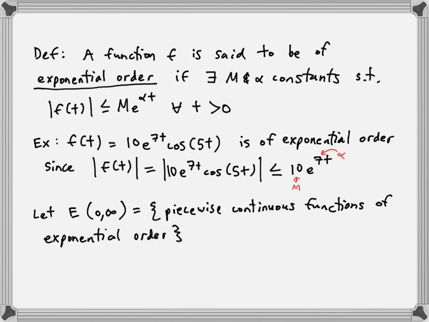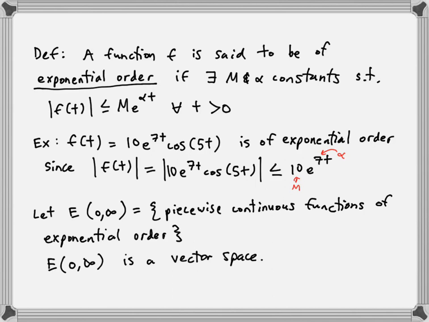Turns out that E of 0 to infinity is a vector space. What does this mean? It means that if you add two functions of exponential order, you get a function of exponential order, and it satisfies all of the axioms, okay?